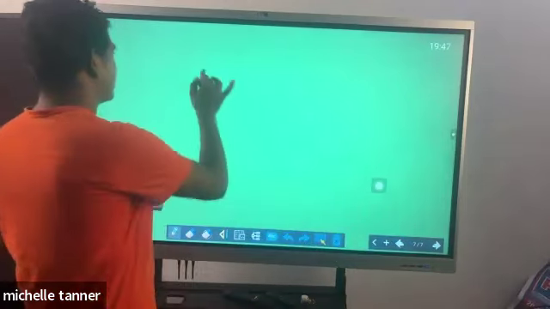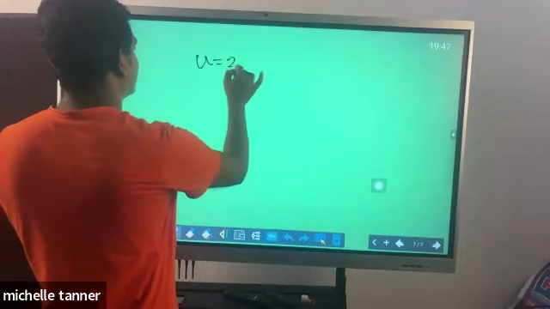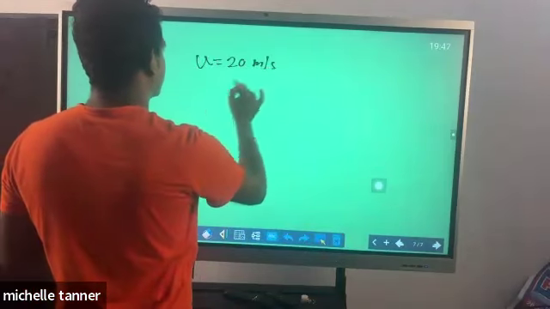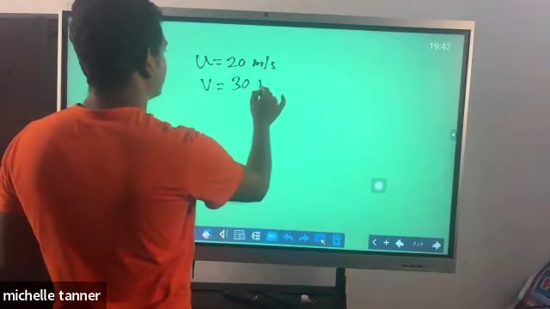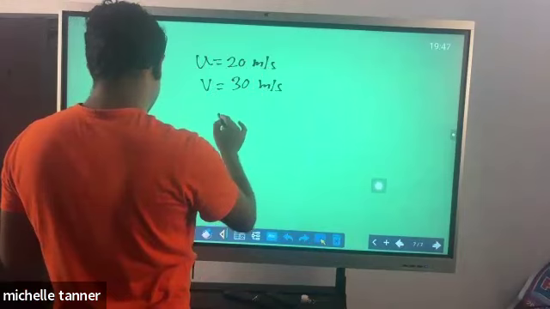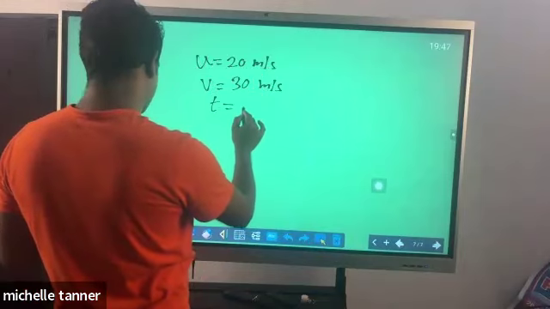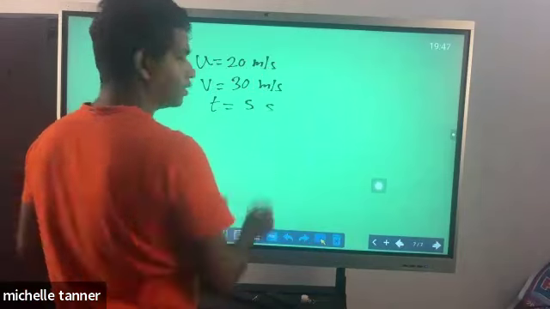In this example, initial velocity equals 20 meters per second, final velocity equals 30 meters per second, time equals 5 seconds.